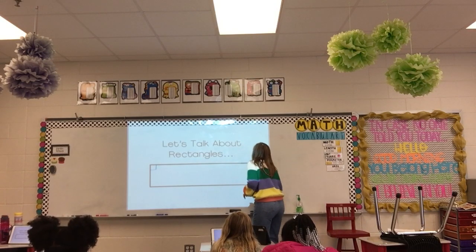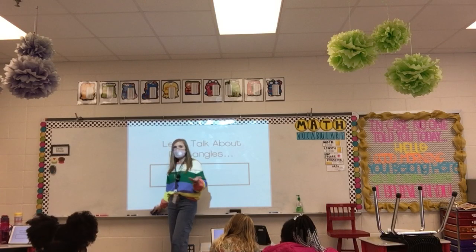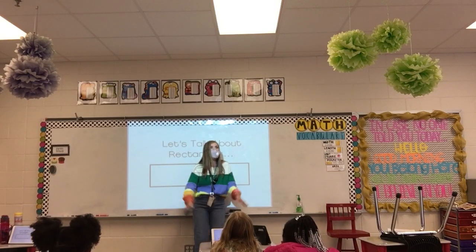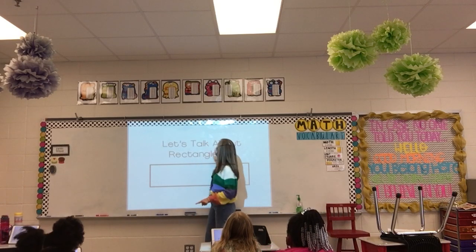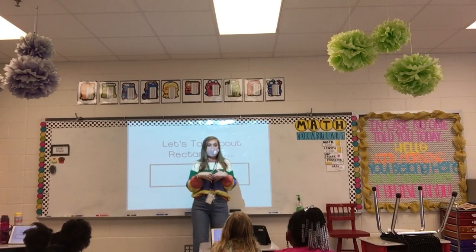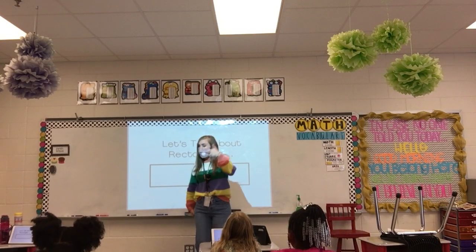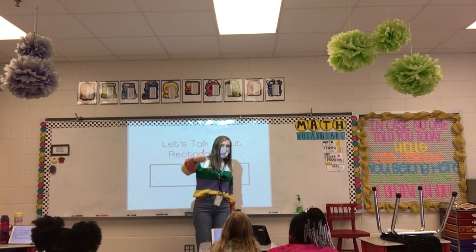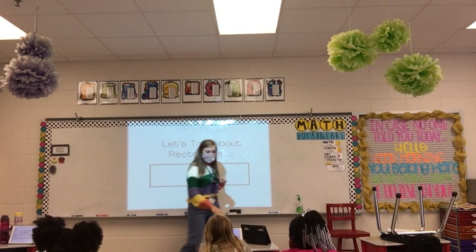So, rectangles have opposite sides that are what? Equal. Same with squares, opposite sides are equal, but with a square, all sides are equal. Let's talk about squares and rectangles. They have four what type of angles? Right angles. Look at us using our vocabulary.